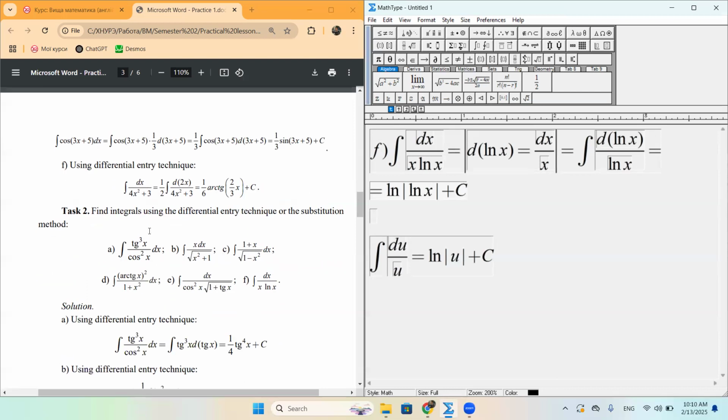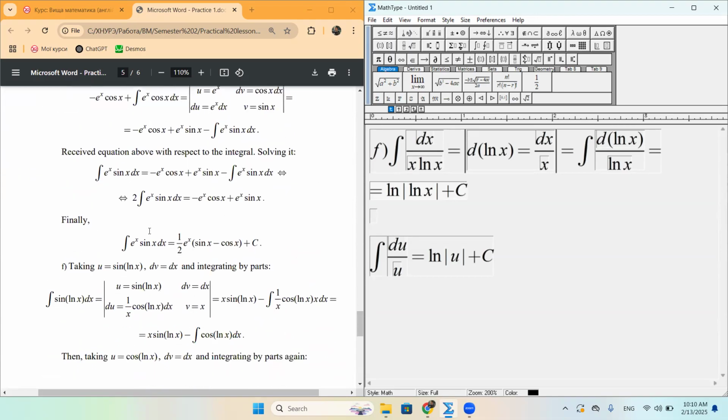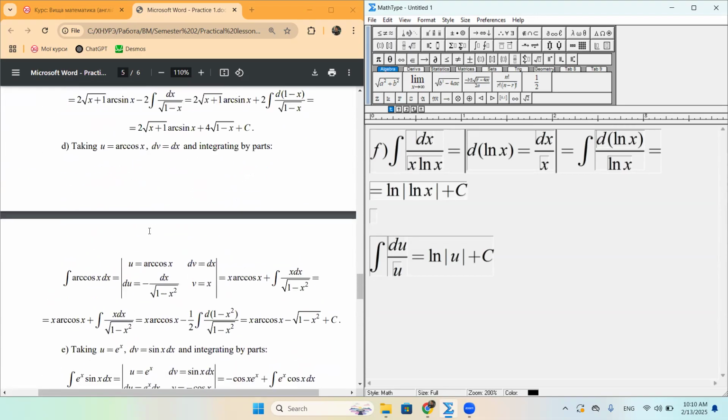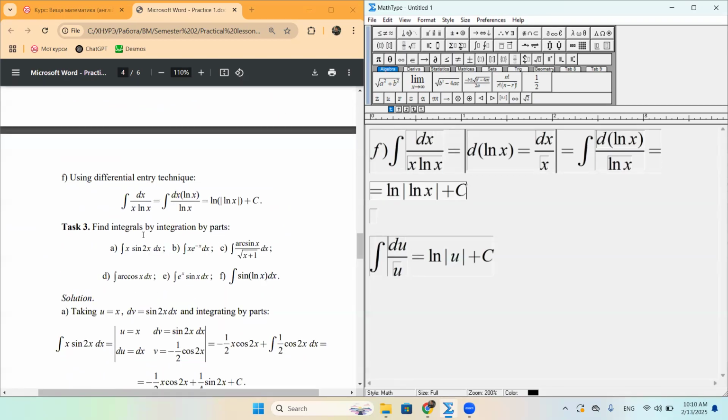Okay, if no questions, let's move to the next task. The next integrals will be calculated with integration by parts, but I suggest going for a 5 minute break and then moving to another logical point.